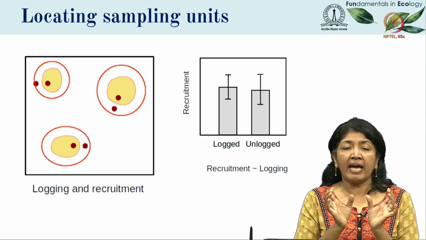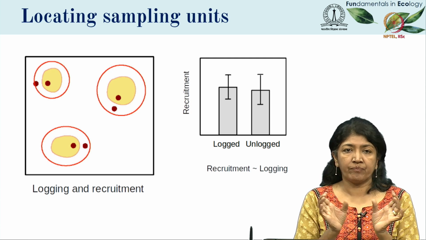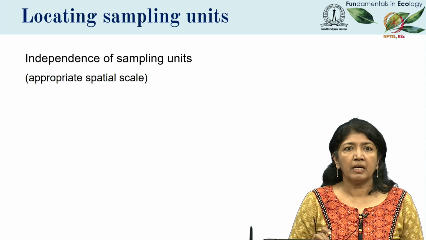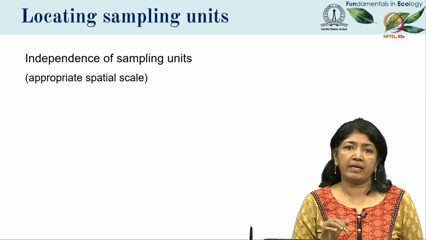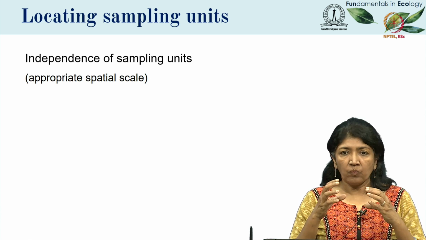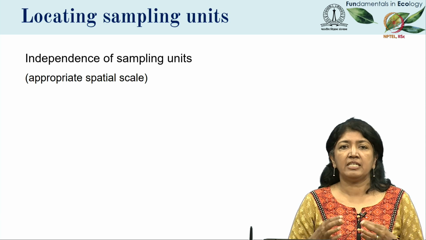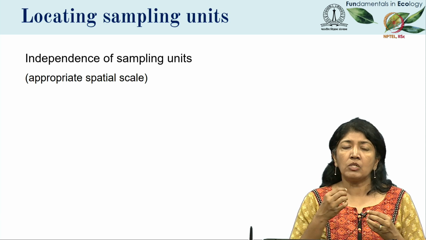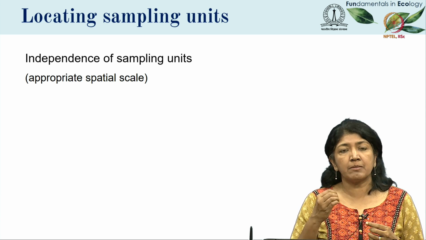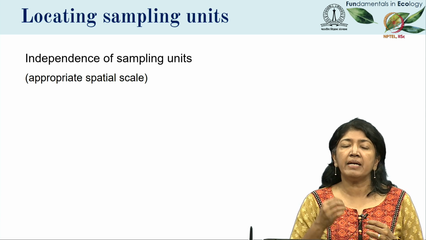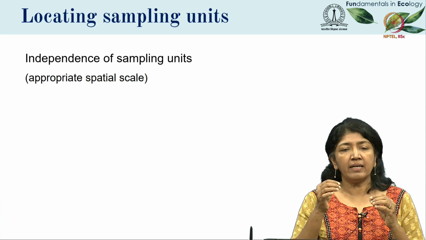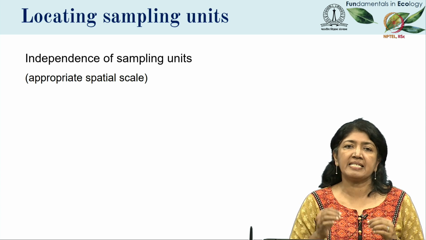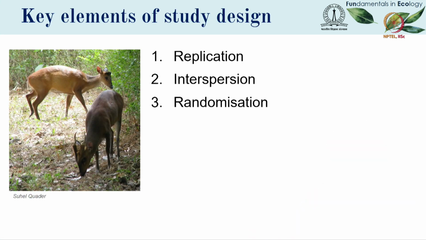However, we have to think carefully about the distance between pairs of plots. And that is the last point I would like to make here, which is while we want to carry out procedures like stratifying, blocking and so on, we also have to think of the appropriate spatial scale and the independence of sampling units when deciding which are the sampling units that we want to establish and measure.